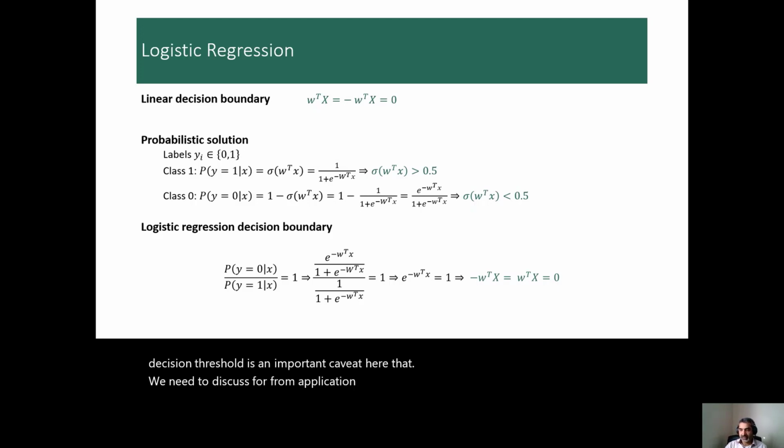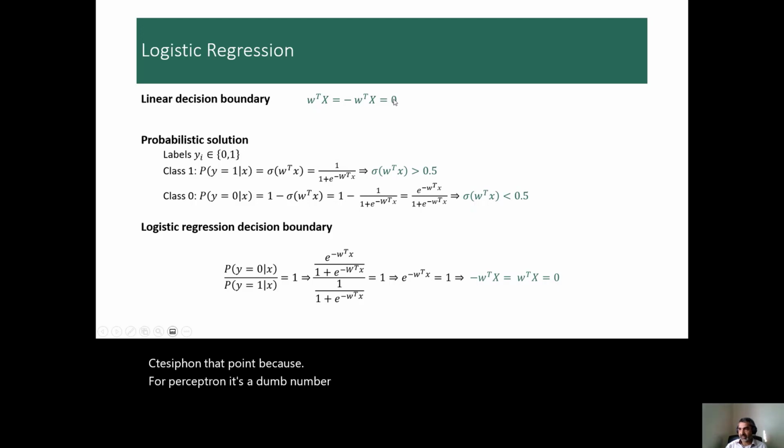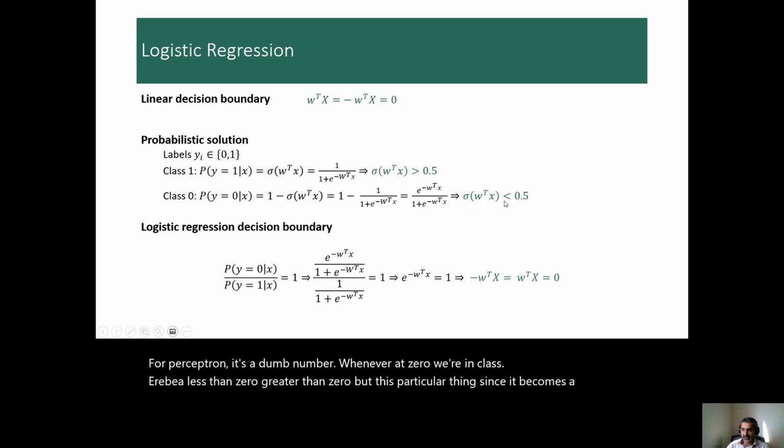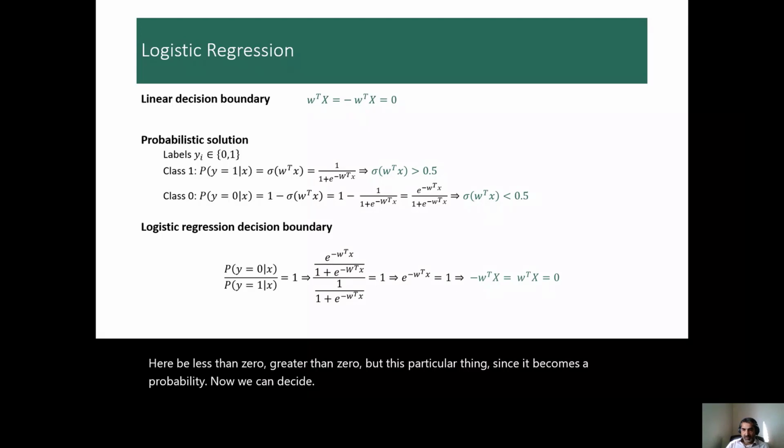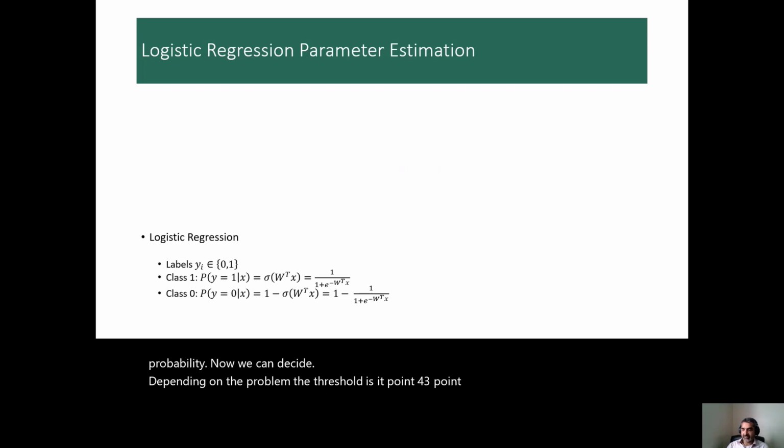So please remind me when we finish to touch upon that point, because for perceptron, it's a dumb number. Whenever it's 0, we are on the boundary, or in class A or B, less than 0, greater than 0. But this particular thing, since it becomes a probability, now we can decide, depending on the problem, the threshold. Is it 0.4, 0.3, 0.6? We can change it and get better results.